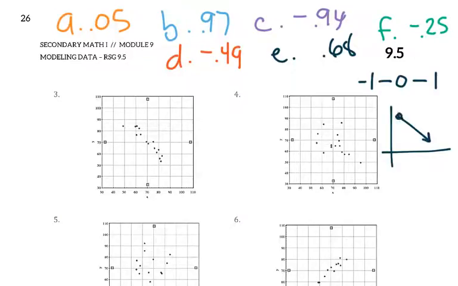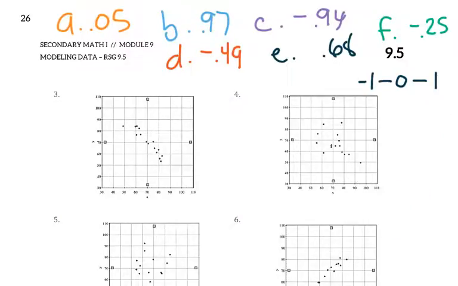If it's negative 1, it would be a perfect straight line. And if it was positive, it's going up, and the data would be a positive straight line. The closer it gets to 0, it's all over the place, and you can't really see a pattern. So the best thing to do is to look at our strongest pattern.